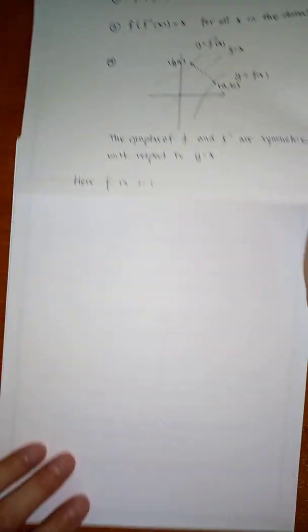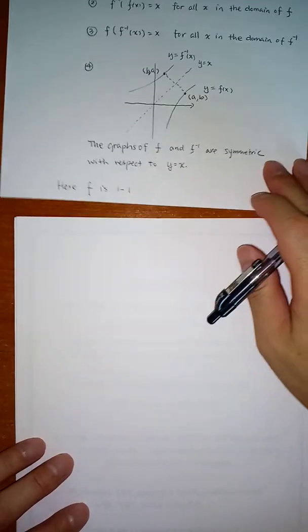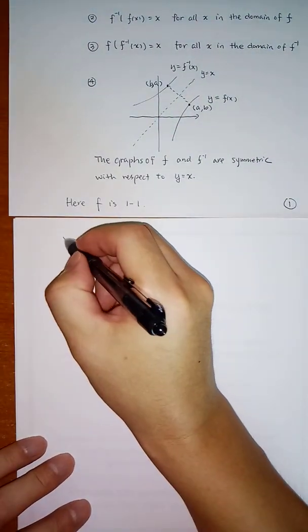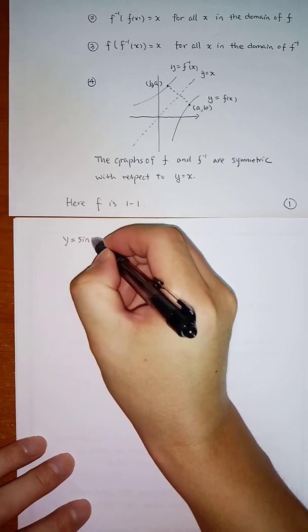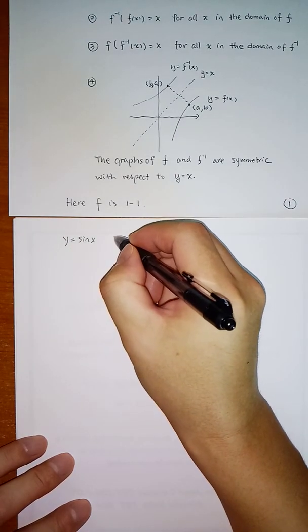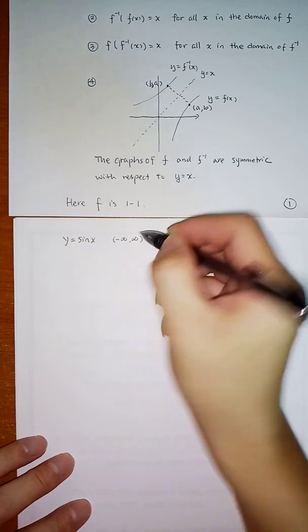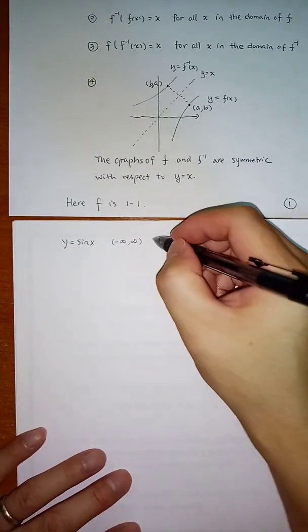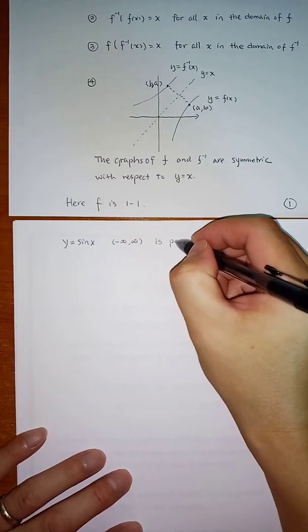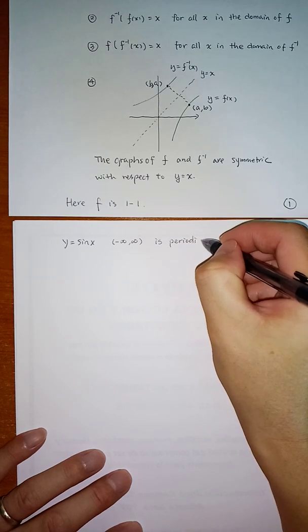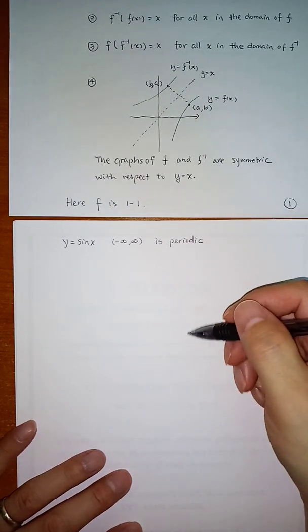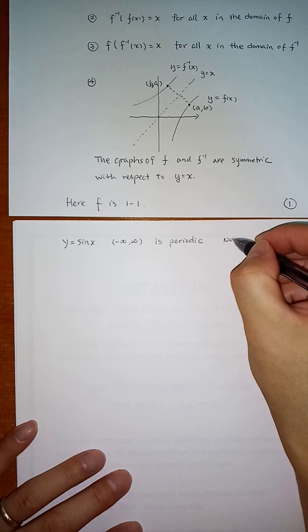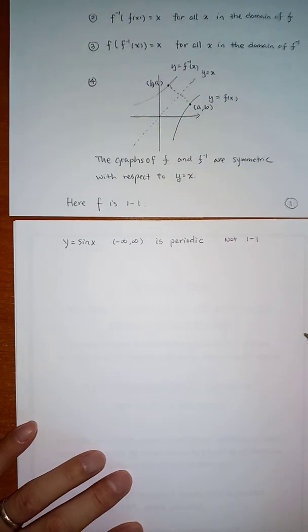The sine function is not one-to-one. So y equal to sine of x from negative infinity to positive infinity is a periodic function. Periodic functions are never one-to-one.